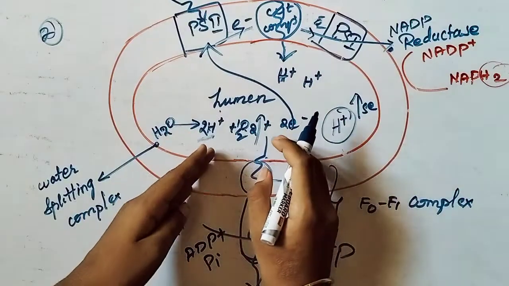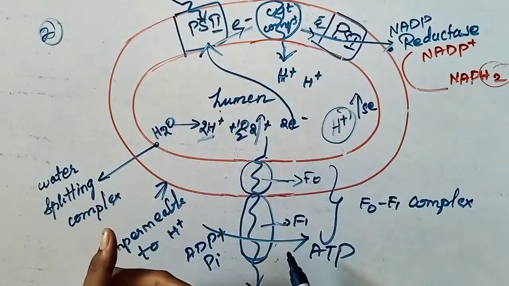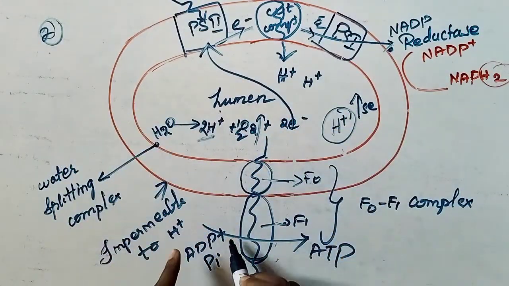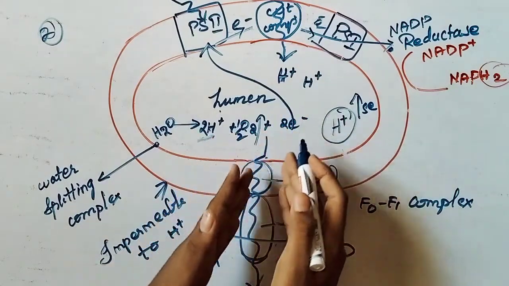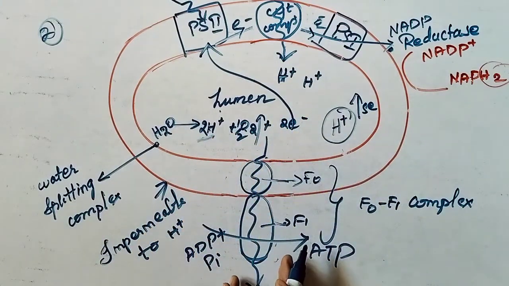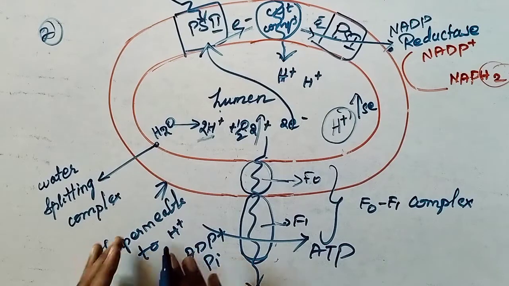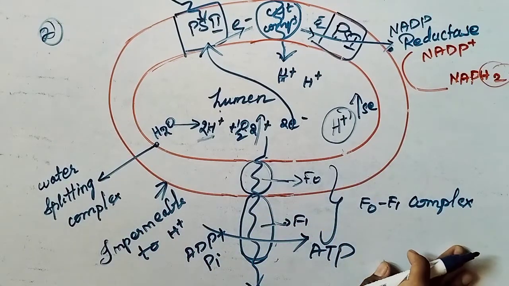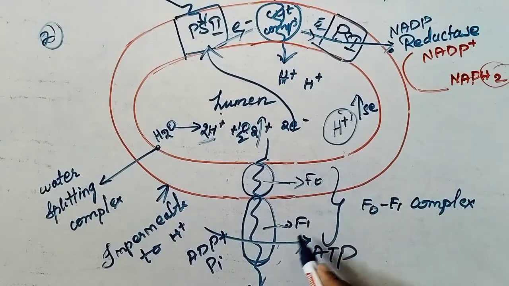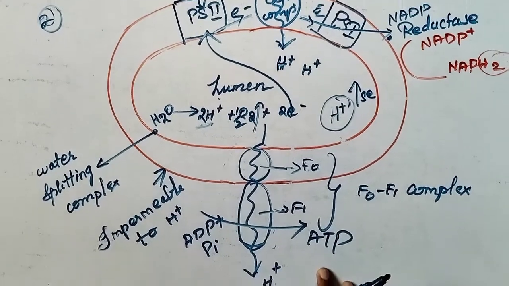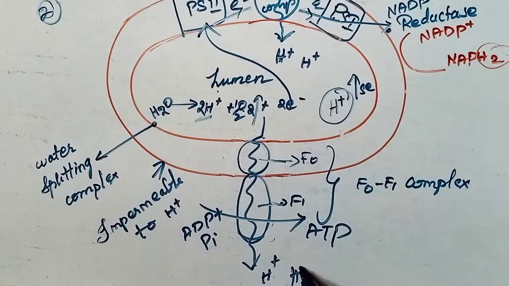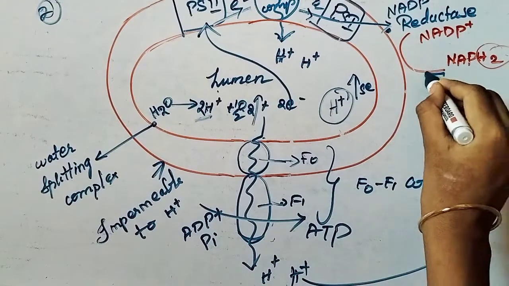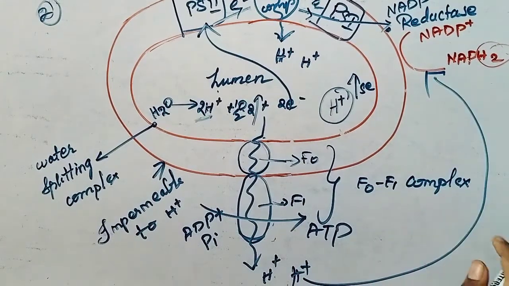The energy lost by this electron is used for the synthesis of ATP. Clear? So this hydrogen, when it comes to the stroma, goes to NADP reductase for the formation of NADPH2.